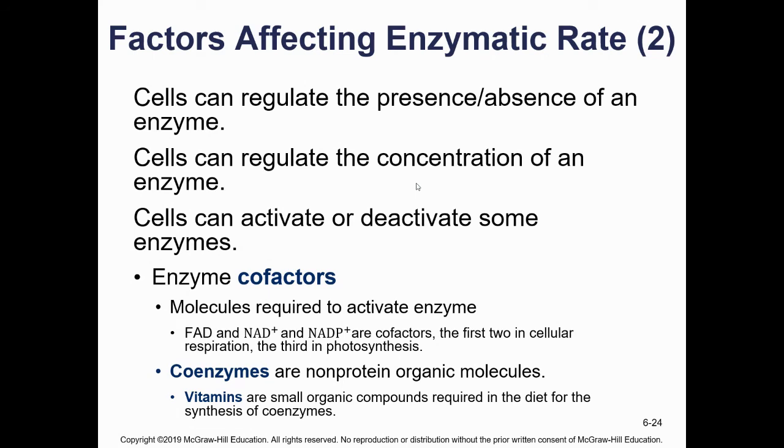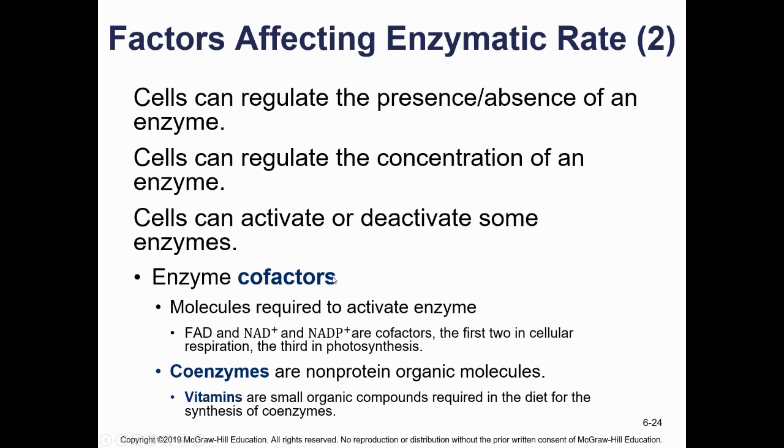If lactose, which is a sugar found in milk, is present, they will make lactase, the enzyme that breaks it down. In most environments, glucose is the predominant sugar, not lactose, so they won't make lactase. But if there is some lactose present, they can make it. They can make more. If there's more lactose, they need more. So they can regulate the concentration, or they can activate or deactivate them.